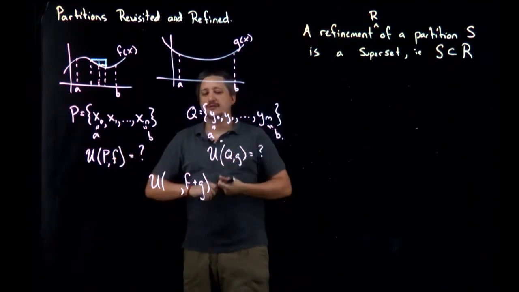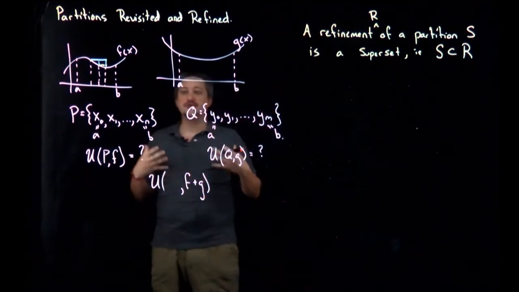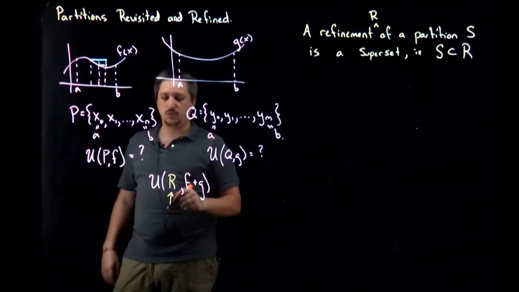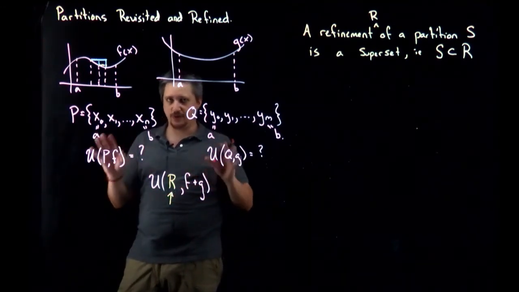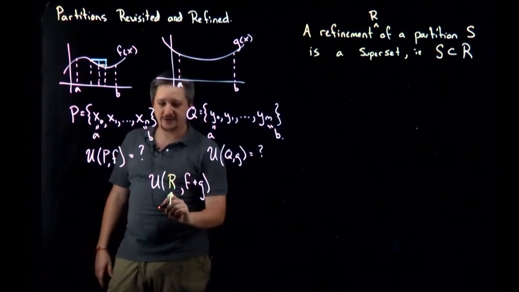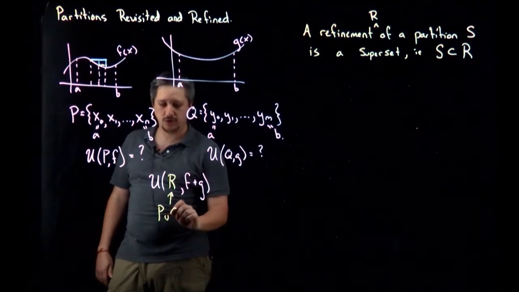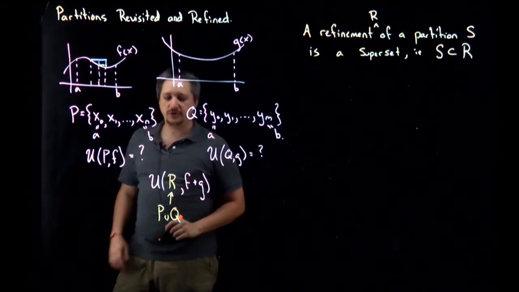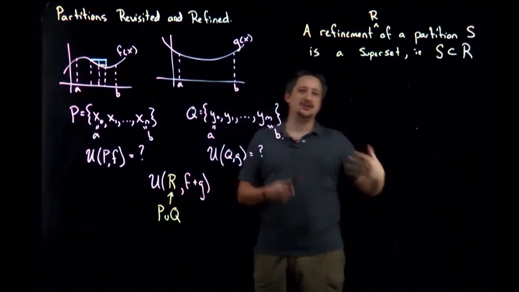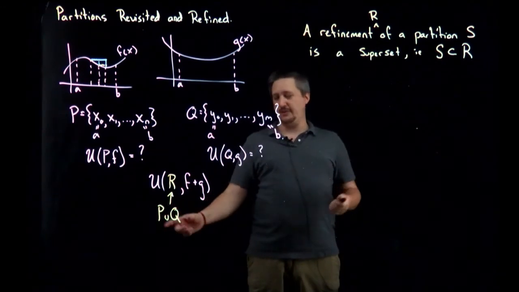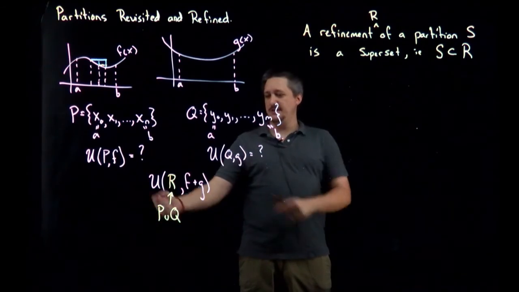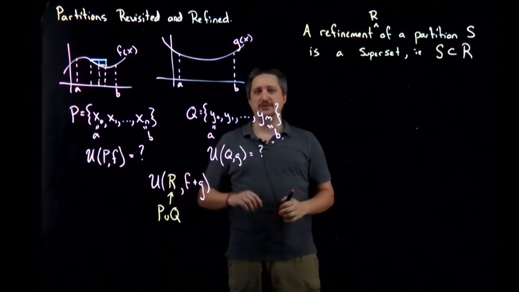So the standard technique to use is to create R, or some set, I'm calling it R, it's not always R. So to create some refinement set, I'll call it R, that is simply P union Q. So you sometimes will see this listed as the smallest set that contains both P and Q, which is at this level by definition P union Q. So I'm going to take a set that is simply the union of both of those and use that as my new set.